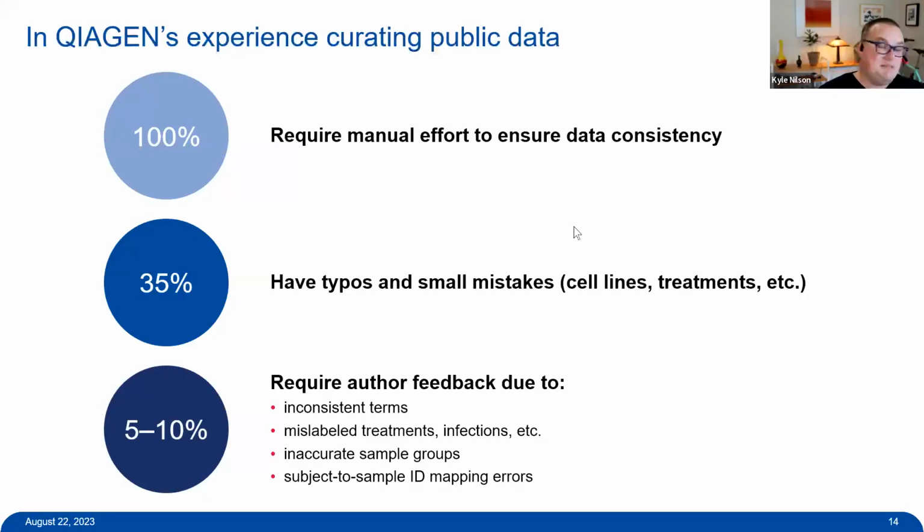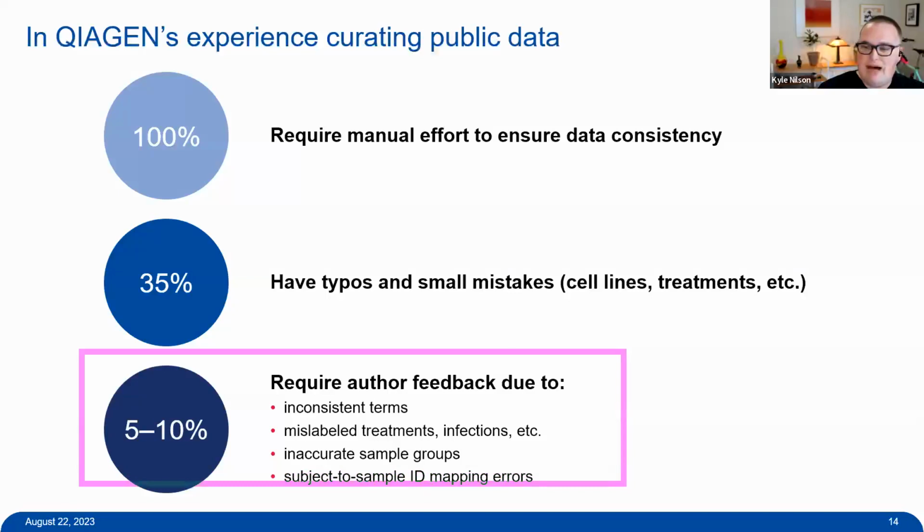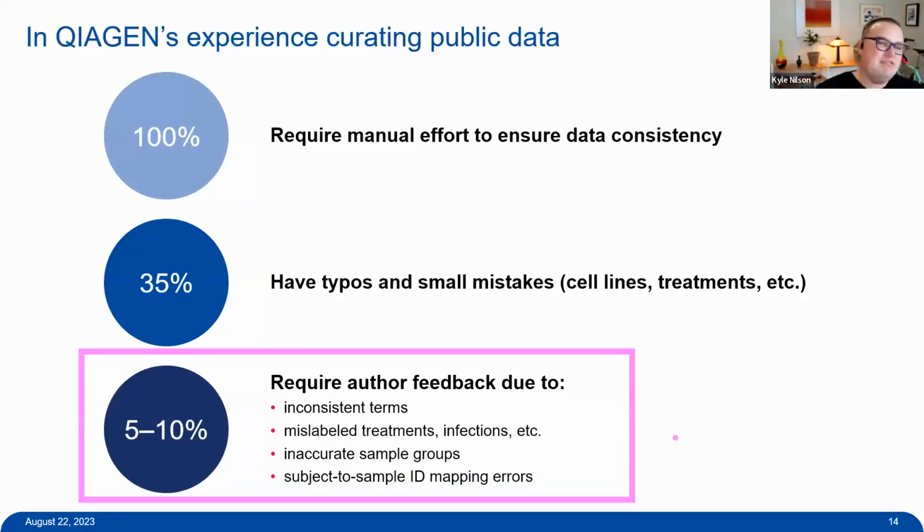However, if you happen to be paying scientists to read these papers and input them into your database, they can very easily see that there was a mistake. And in addition to seeing the mistake, they also know how to fix it. However, about 5 to 10% of the time, we actually find something a bit more egregious.